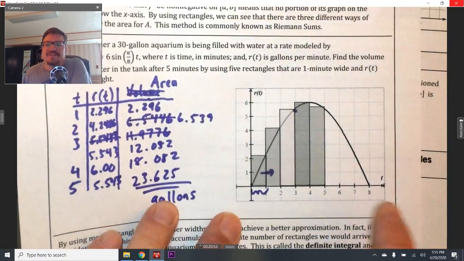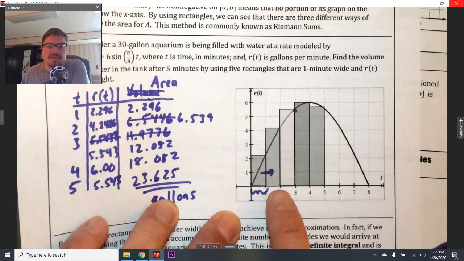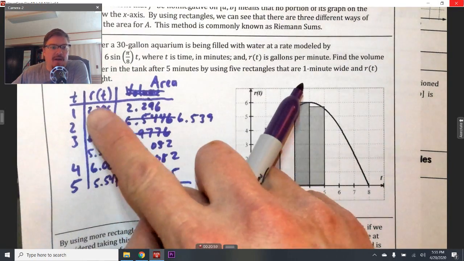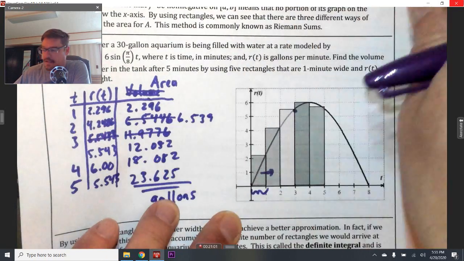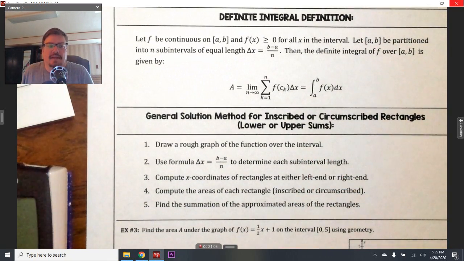Over here, it was conveniently 1 minute each time, so I multiplied by 1 every single time. It was easy, right? But that is not always the case. Sometimes your rectangles might only be half a second or 0.25 of a second, and that's going to be your width, and you have to put that into your formulas.